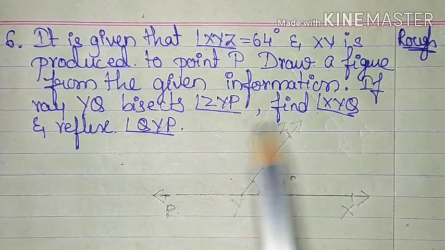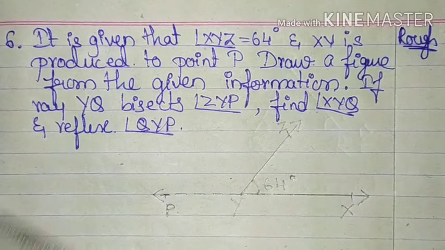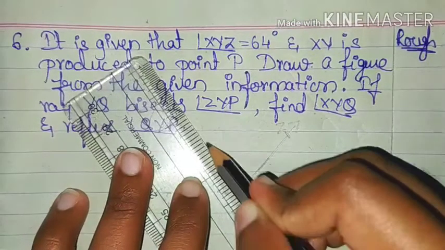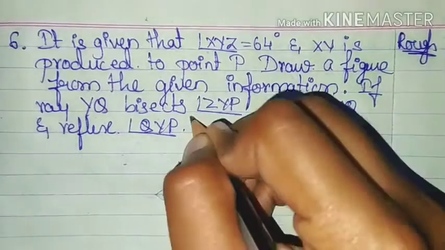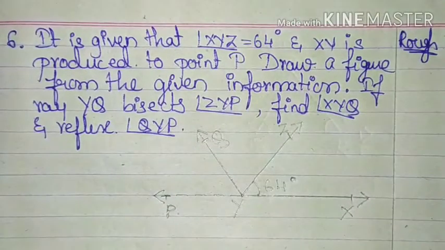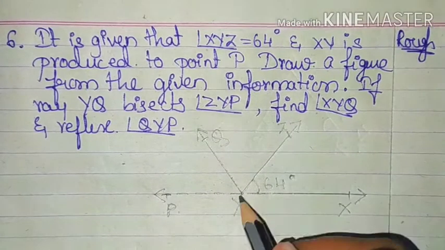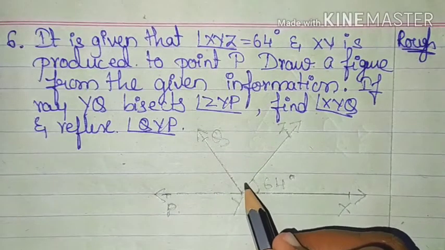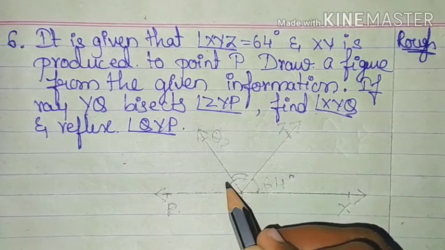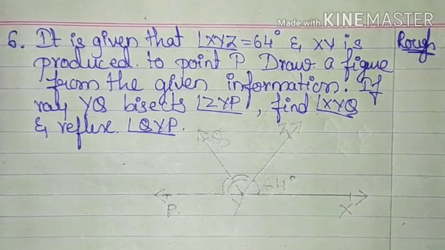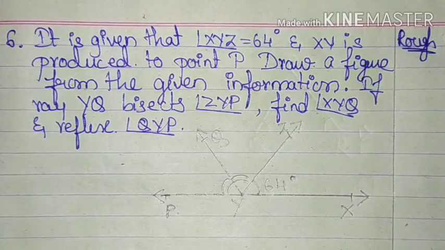Also, there is a ray YQ, that is, the ray originates from Y and goes up to point Q. This is the ray YQ, which bisects the angle ZYP into two equal parts. It is an angle bisector.